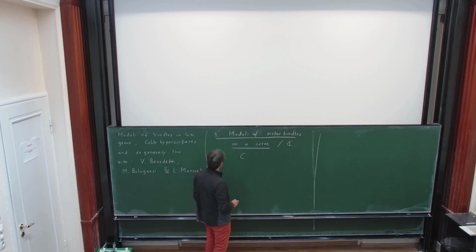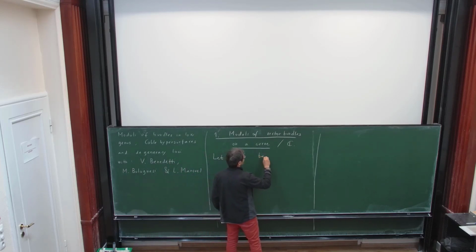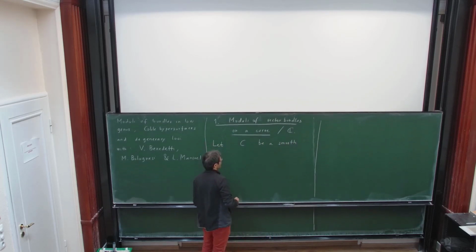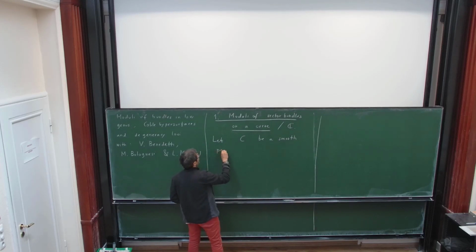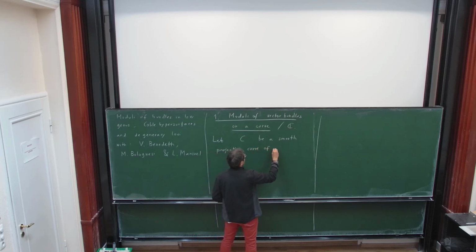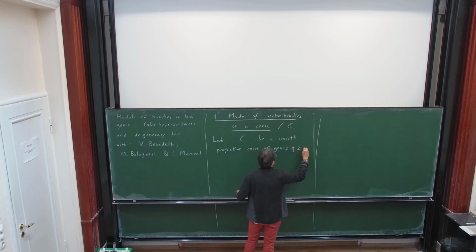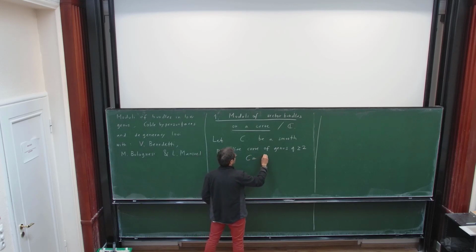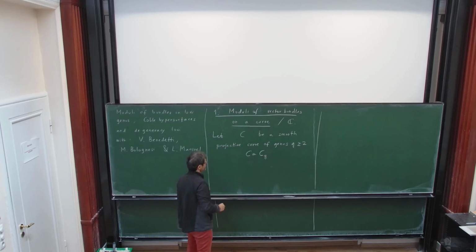So I let C be a smooth projective curve of genus g. Sometimes I write C_g because I want to remember the genus.